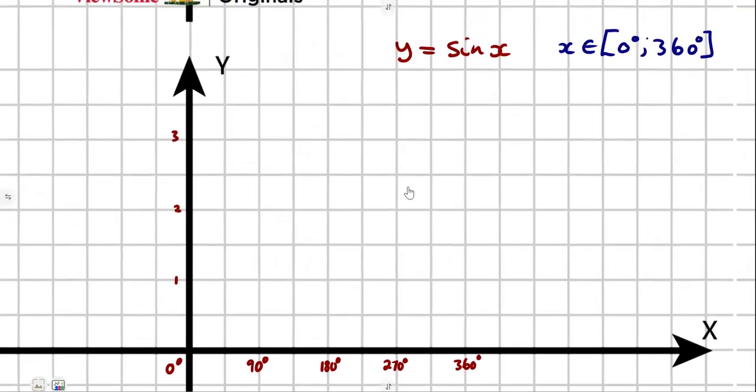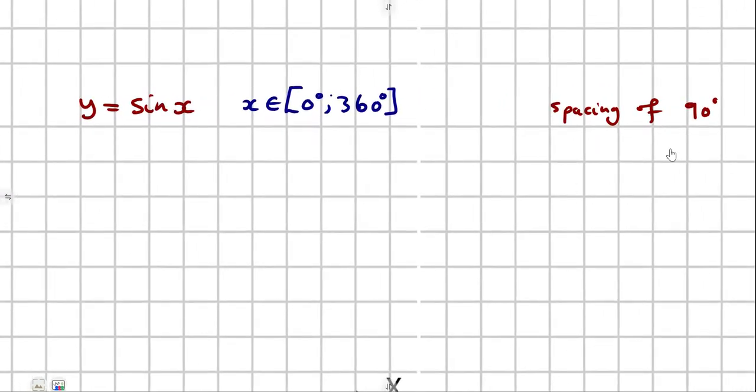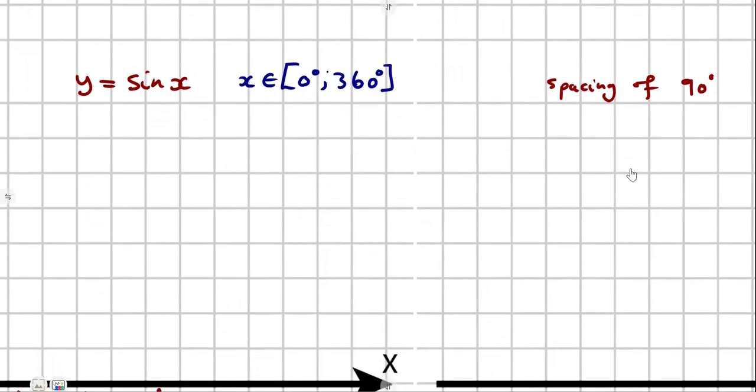So with the x values and the spacing of 90 degrees, I can use a table in this case, a table of values, where I have x as the input and y as the output. So we can have x and y.